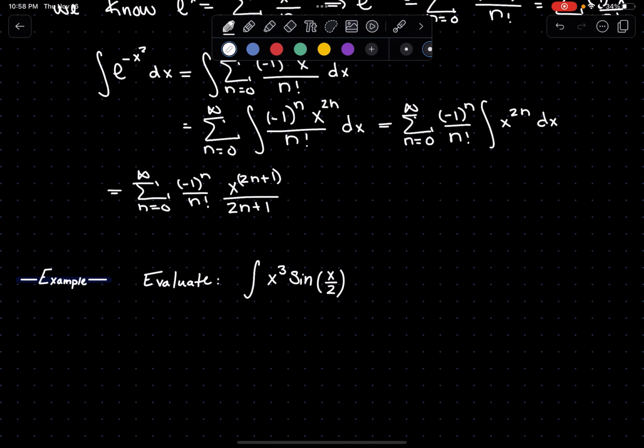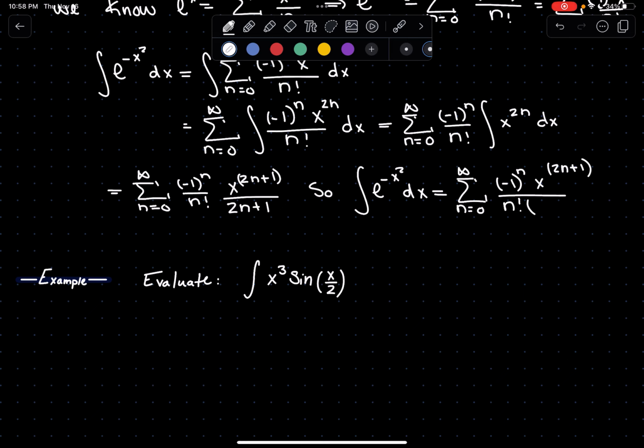And so the integral of e to the negative x squared dx is equal to just the sum n equals 0 to infinity of negative 1 to the n, x to the 2n plus 1 over n factorial times 2n plus 1. Super easy, right?